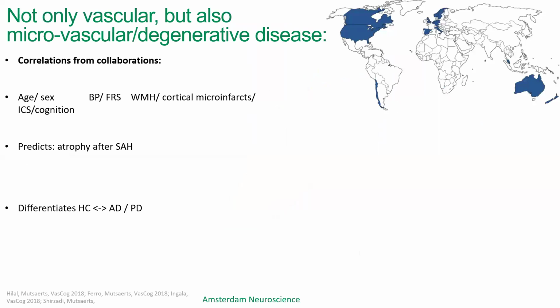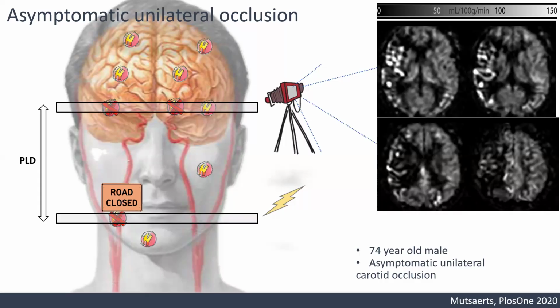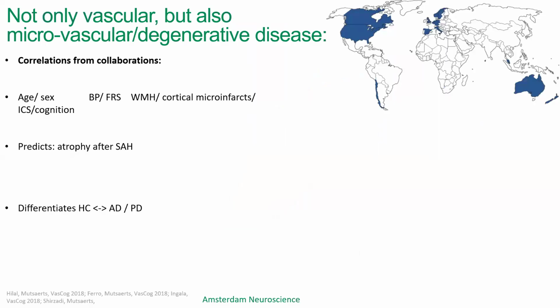We tried to quantify this, so you can look at the distribution of the signal rather than the mean perfusion. We did this, and we saw that there actually were a lot of correlations with this vascular efficiency, so the ability of the blood vessels to bring the blood to the brain within the same 2 seconds. That correlated a lot with intracranial stenosis, cognition, blood pressure, white matter lesions.